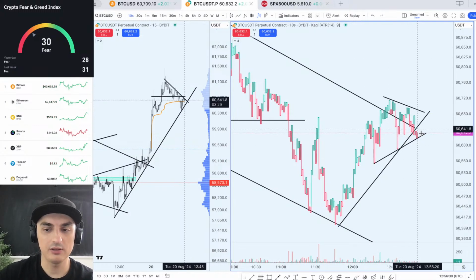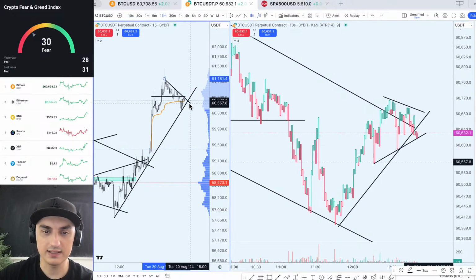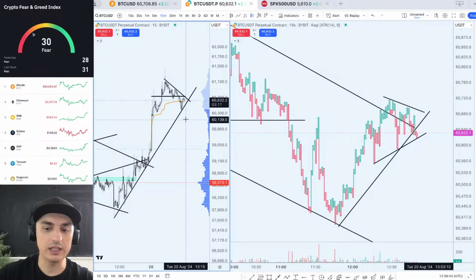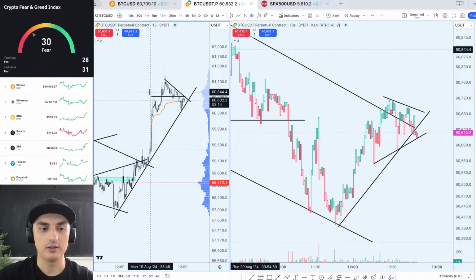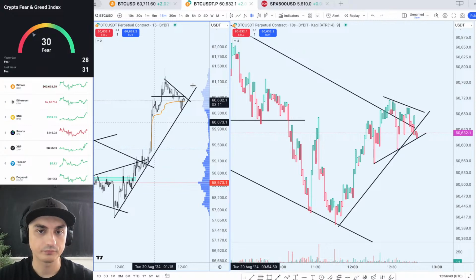But to me, it's looking kind of weak because we have this area of influence from the resistance line. So I think we're going to wait a little bit more and see how it goes.